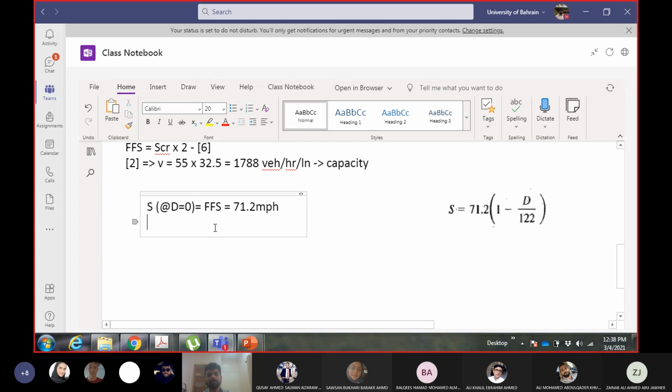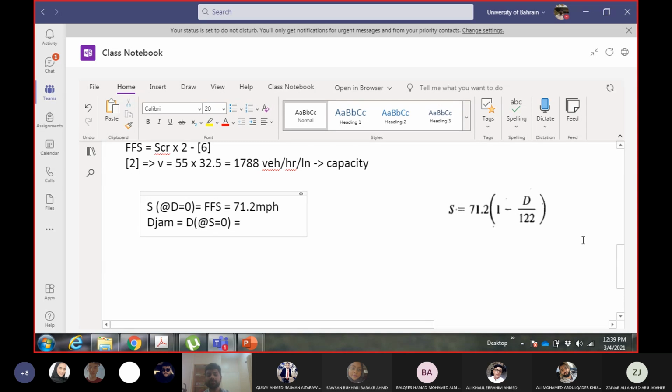Okay. Then what about jam density? This is the density when what happens? Maximum density. When do you achieve maximum density? When speed equals 0. Very good.